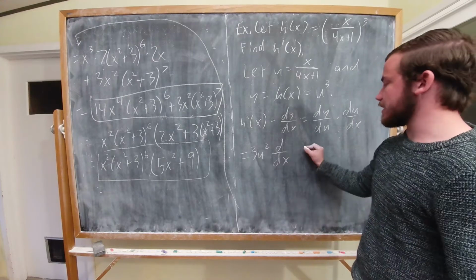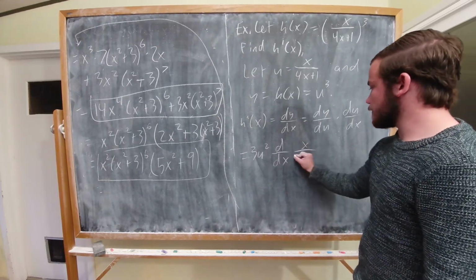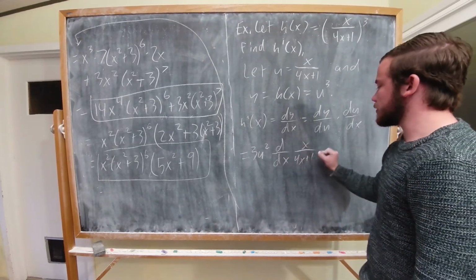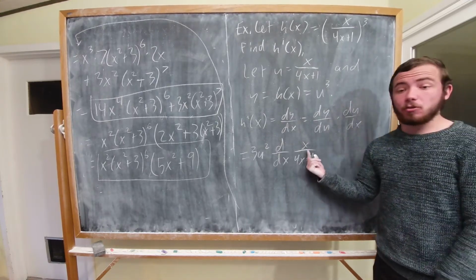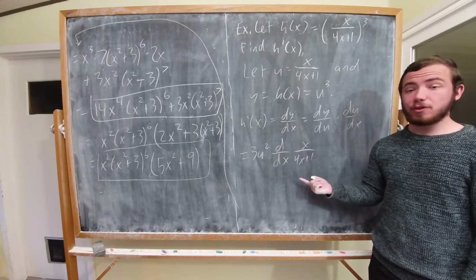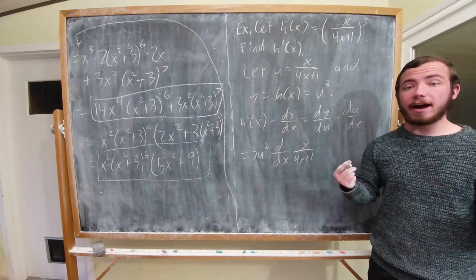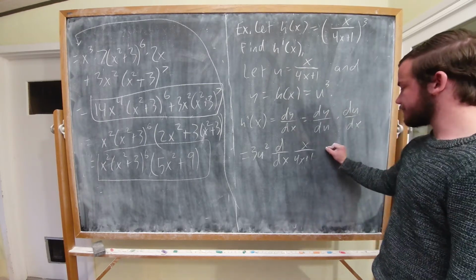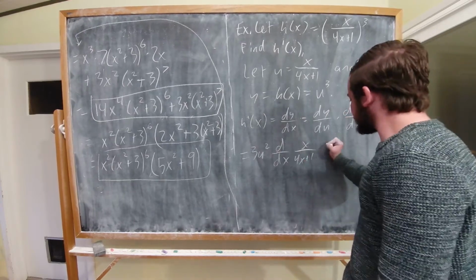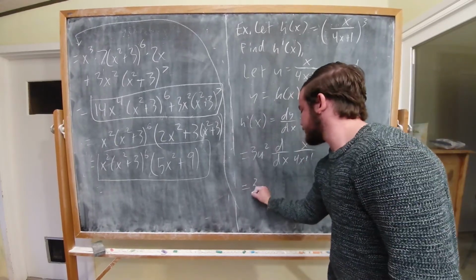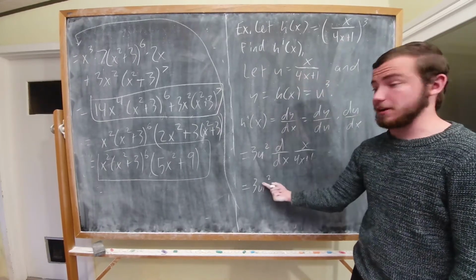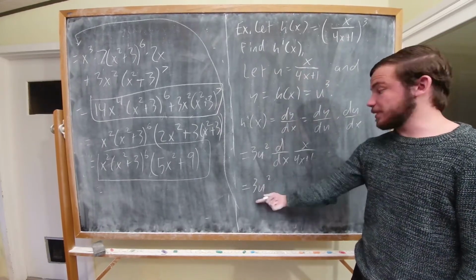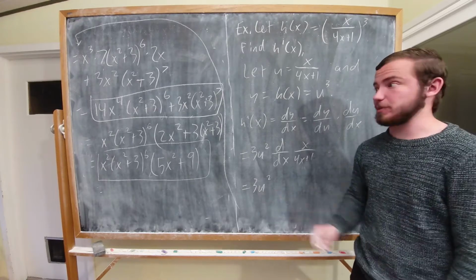Times d dx of x over 4x plus 1. Bad, but not that bad. How do we deal with a fraction taking the derivative? Simple. We apply the quotient rule. So this is 3u squared. You could plug back in u here. I choose not to because it'll just make it more compact as we write it all out.